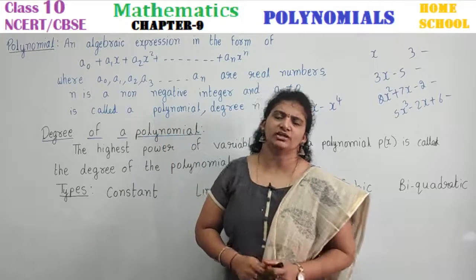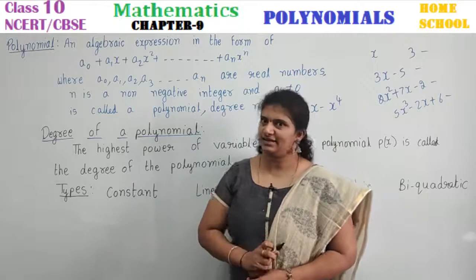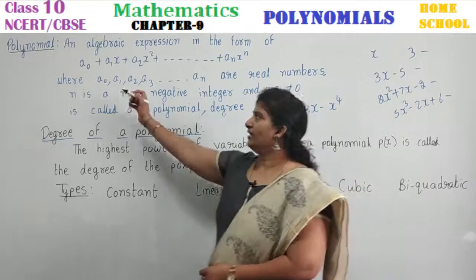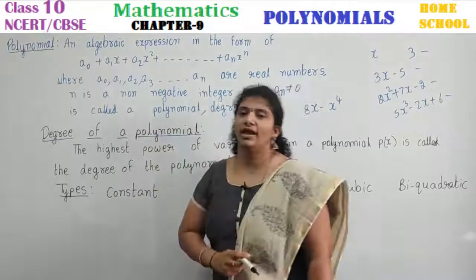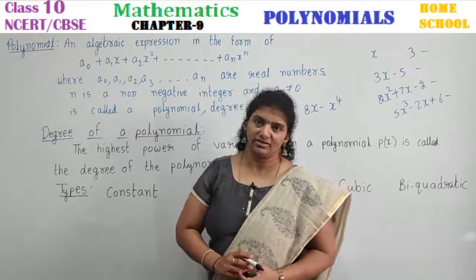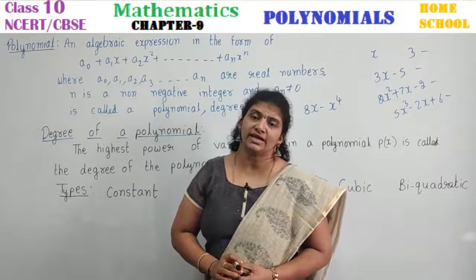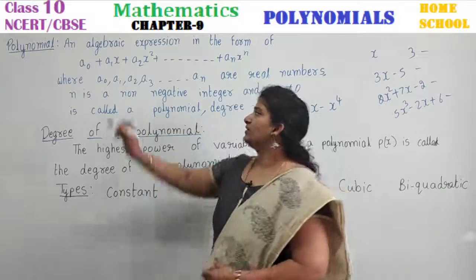Expression means, children, a combination of variables and constants. Now what are a0, a1, a2, so on up to an? These are all real numbers, and we also call them the numerical coefficients for the given variables.